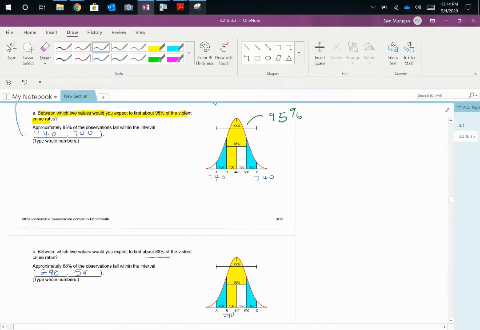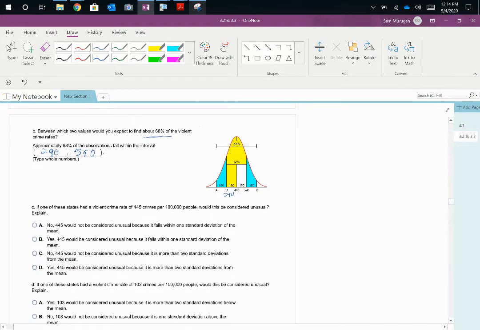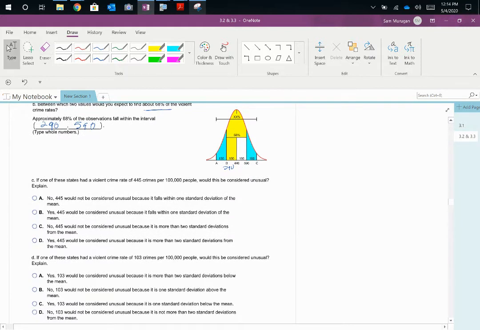$290 to $590. The question continues. If one of these states had a violent crime rate of 445 crimes, would this be considered unusual?